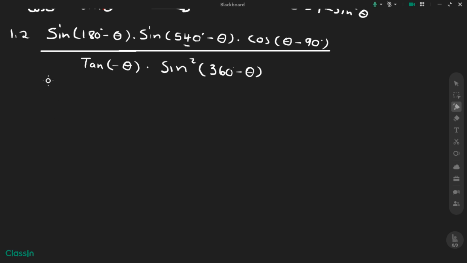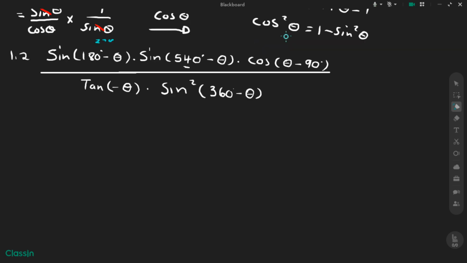Now on this one, if we look on this one, we can still identify, or now, what do we have here? We have 180 minus theta. We said this is in the second quadrant. We have 540, which is new.